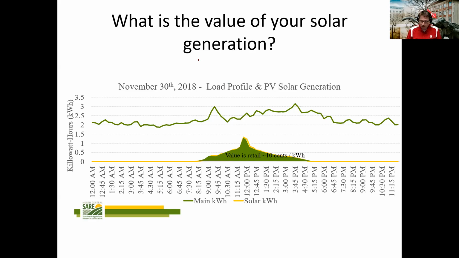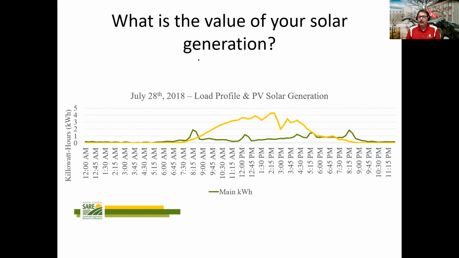All right. Let's imagine another day where maybe my load isn't as high and my solar did much better. In this scenario, again, the green is the load and the yellow is the solar. We can imagine that under the blue line is the load, under the yellow is the solar.